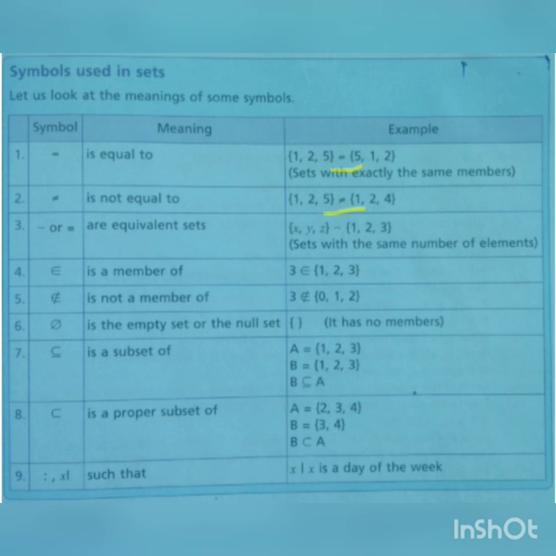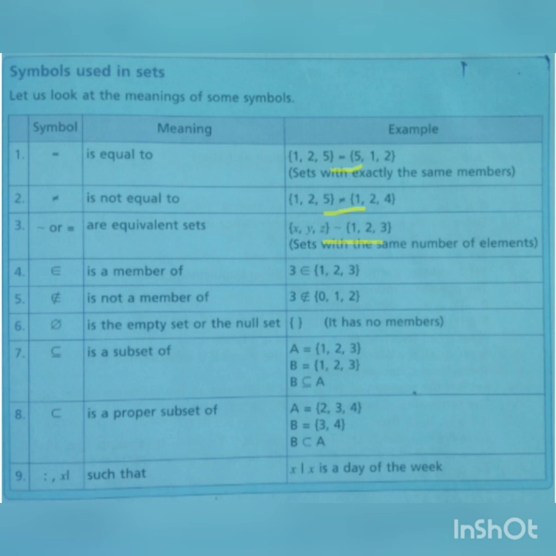The third one means equivalent sets. An example is also given: set {x, y, z} and {1, 2, 3}. We can see that both of these sets are equivalent as the number of elements in both sets is the same, which is 3. So this symbol is used to represent equivalent sets. Students, the fourth one is a member of, and the example is 3 is a member of the set {1, 2, 3}.